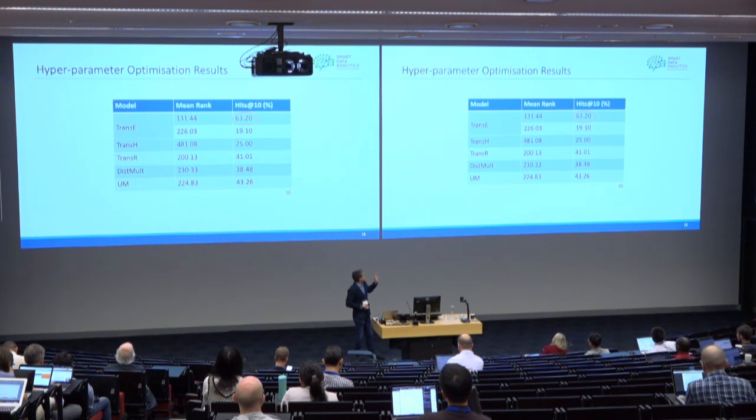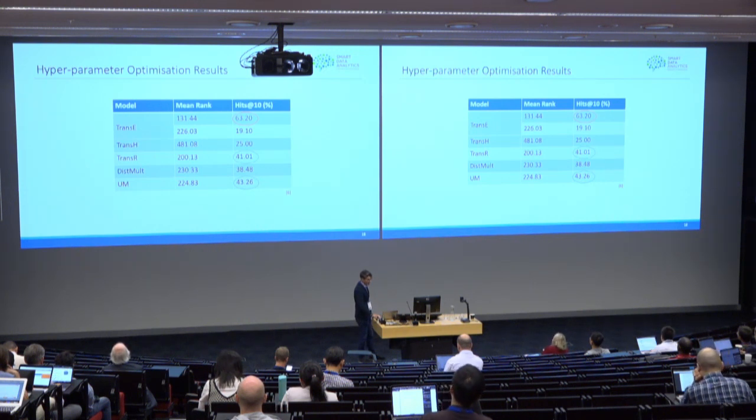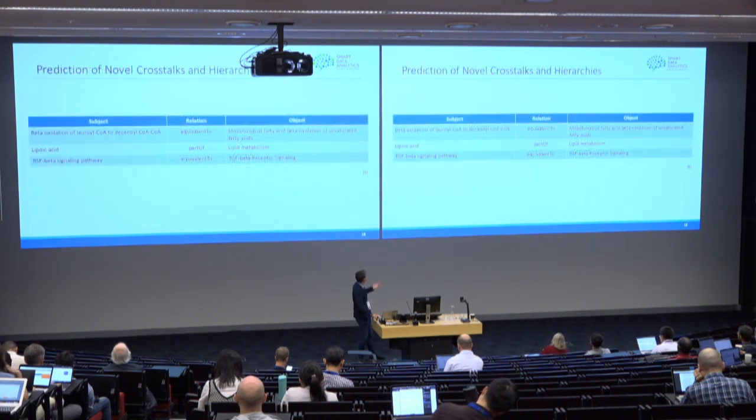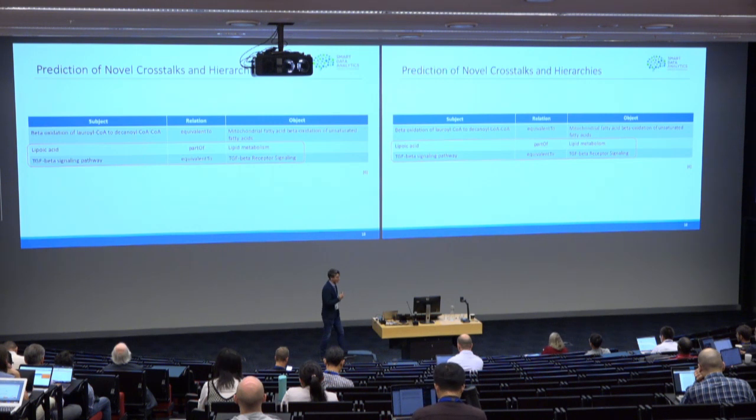If we use this hyperparameter setting, we get really poor results. But when applying the hyperparameter optimization that we propose with our software, we get a big improvement. Then we used the best model to predict new links. And interestingly, we found 2 novel links, which were afterwards added to the data set.